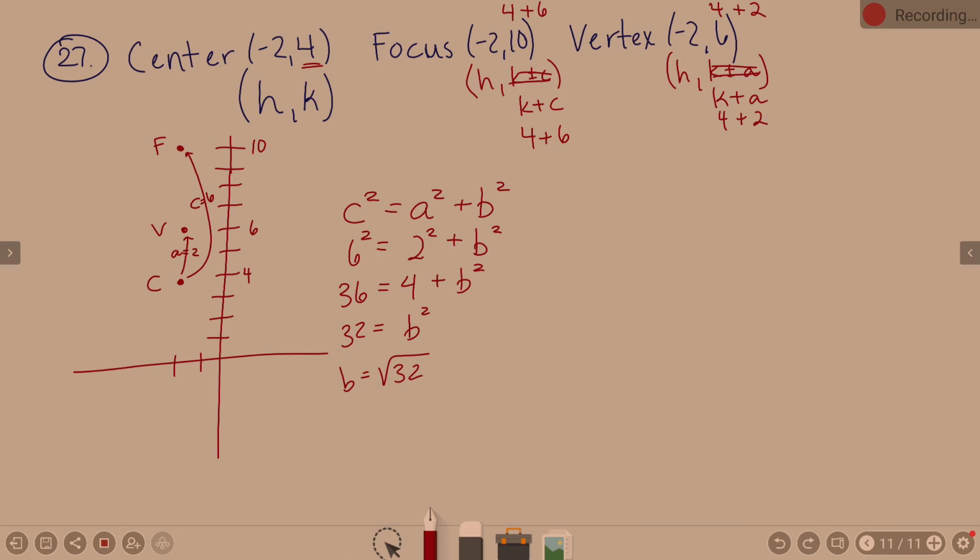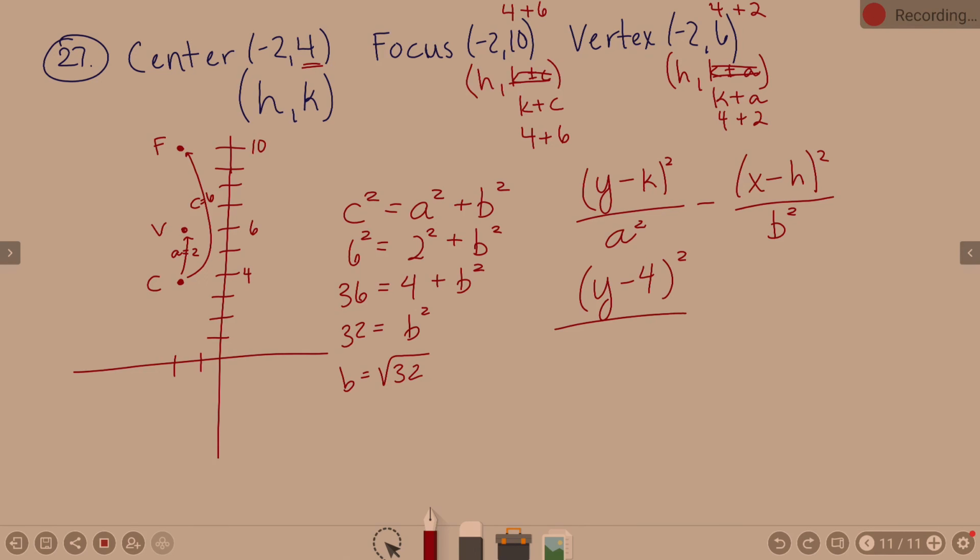What did we say? We already said this was the right column, didn't we? Because the h's were always the same. So y minus k squared over a squared minus x minus h squared over b squared. What is my k? I've lost it. There we go.